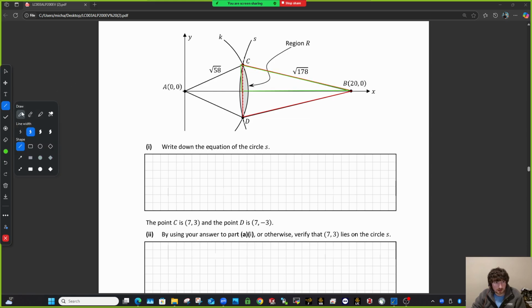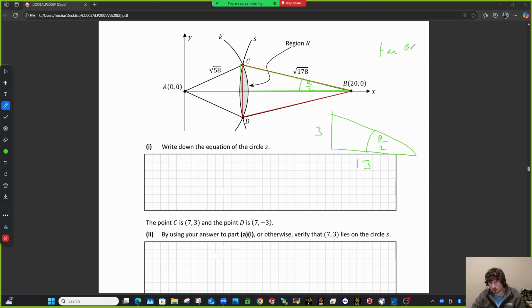And then to call the angle, not theta, because we're looking for theta, call it theta over 2. Okay, so I'll draw that bigger so you can see it. So we're calling this theta over 2. We know because this was a total of 6, this is 3, and then this is still 13 down here. So then we can write tan, opposite and adjacent, tan theta over 2 equals 3 over 13. So then we do tan inverse, and then I'll show the steps. Theta over 2 equals tan inverse 3 over 13. So then theta is double that.